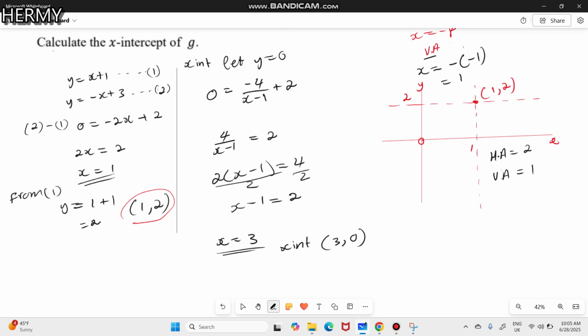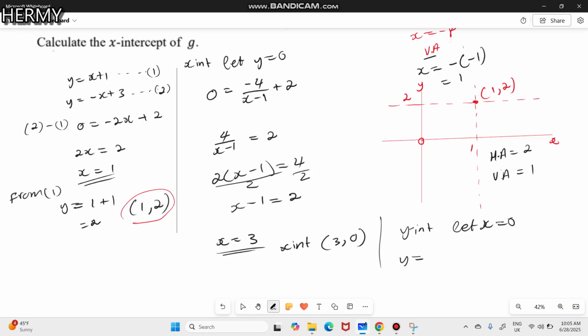Then what about your y-intercept? Your y-intercept, you can even see it for yourself. It's 0 actually, because when you put 0 here, it will give you positives. Oh, your y-intercept is 6, sorry. Because for your y-intercept, you have to let x equal 0.